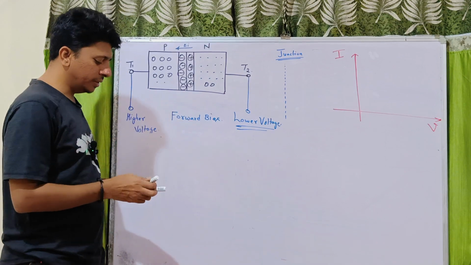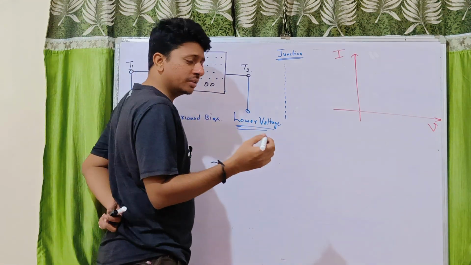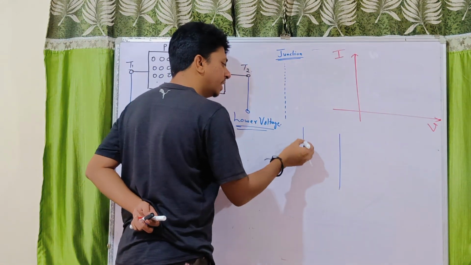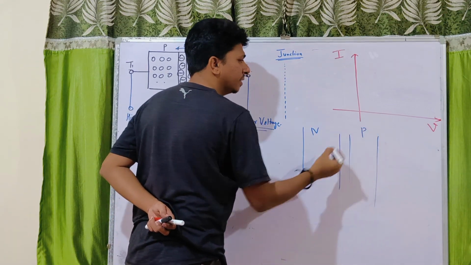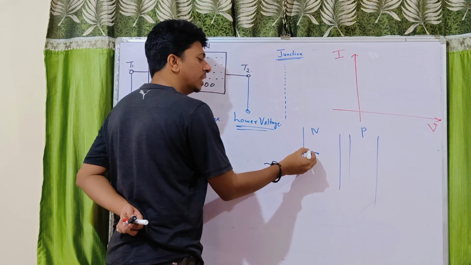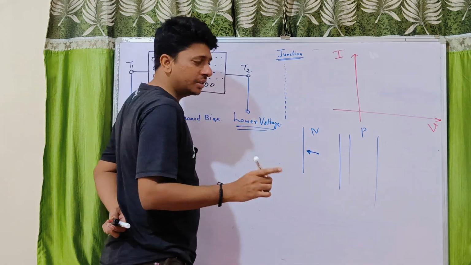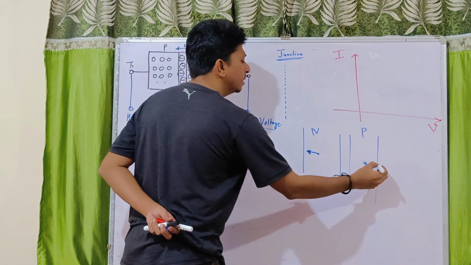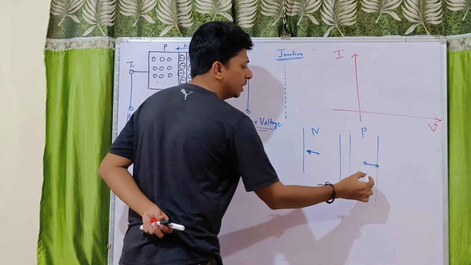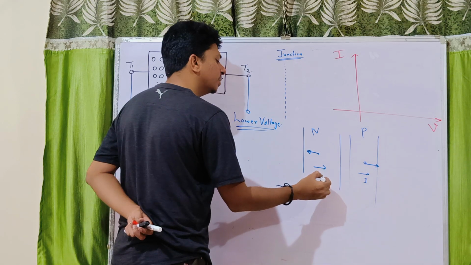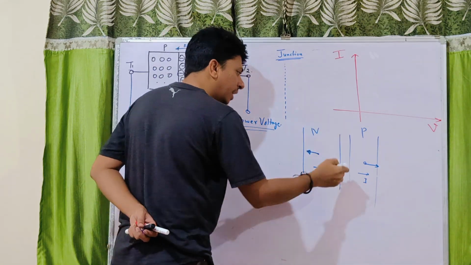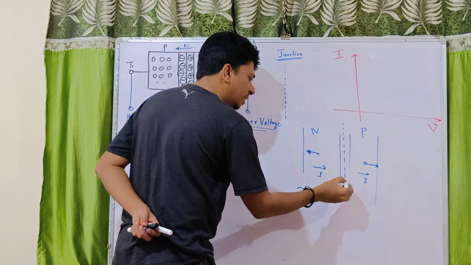Suppose this is an N type region and this is our P type region. If electrons are moving in this direction in the N type region, and holes are moving in this direction, because of the hole the direction of the current will be I, because of the electron the direction of the current is I, and at the junction we know there are so many carriers.